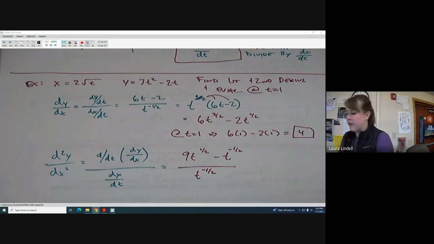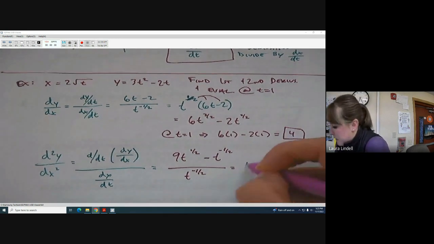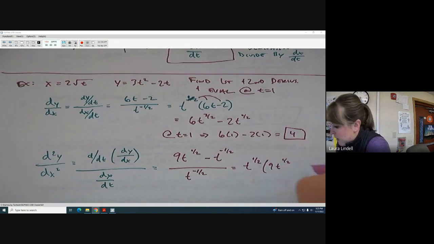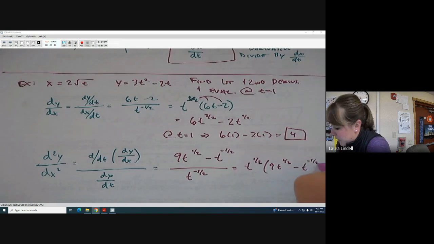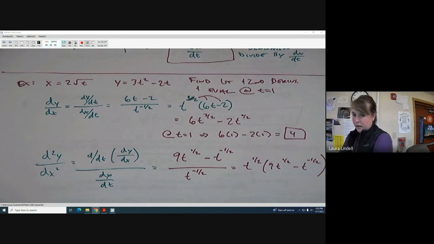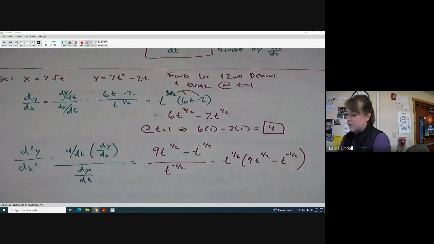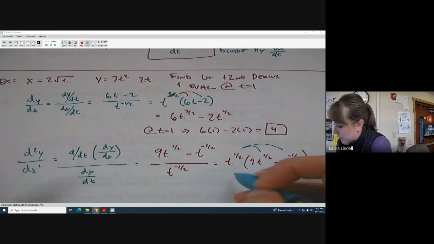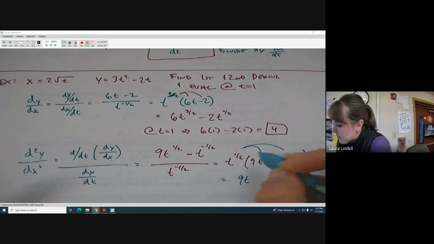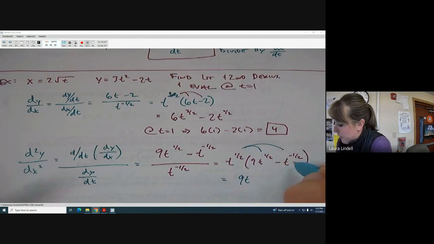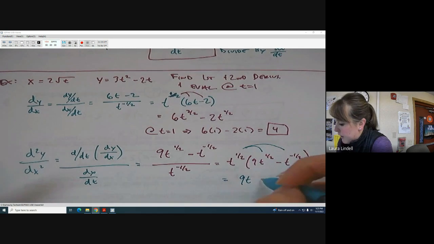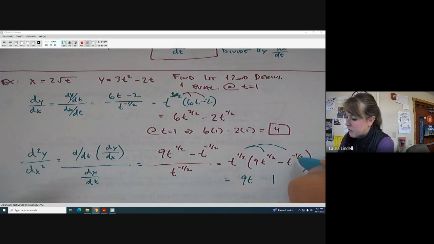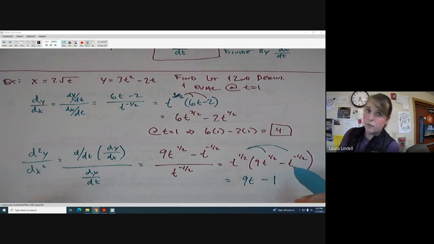And we could do the same thing here. This is really t to the positive 1/2 times 9t to the 1/2 minus t to the negative 1/2. And then we could distribute this. And we get t to the 1/2 and t to the 1/2 is just 9t. And then t to the 1/2 and negative t to the negative 1/2 is just minus 1, because that ends up being t to the 0, and anything to the 0 is 1.